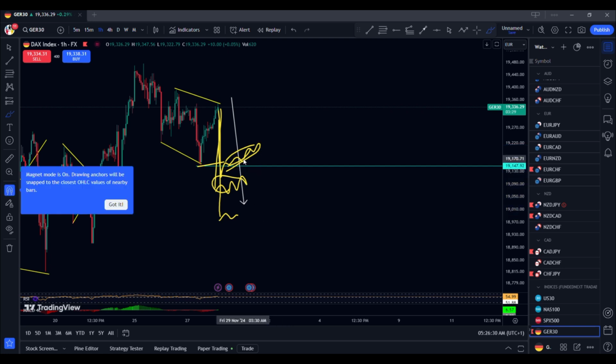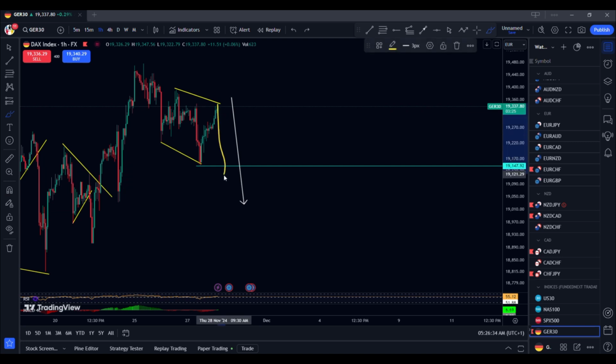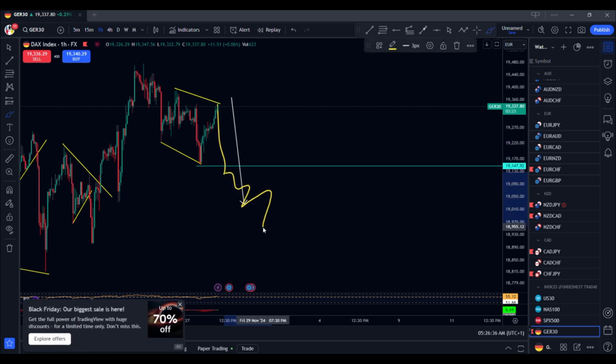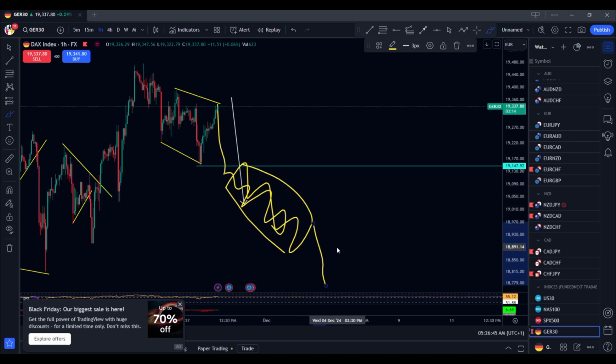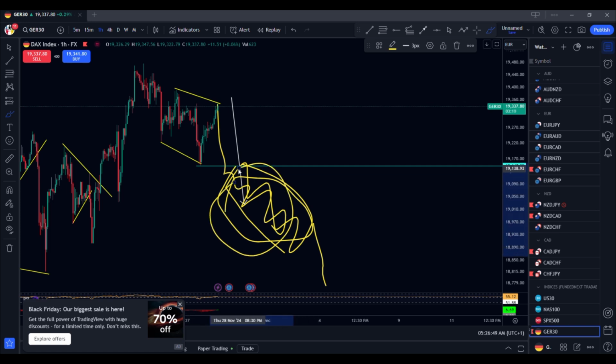It could also break this low here and make the correction to be something like this, making an impulse, which is what we call running flat. So the corrections can take any shape, but they are still corrections. Doesn't matter the shape or the form they take. A correction is a correction.